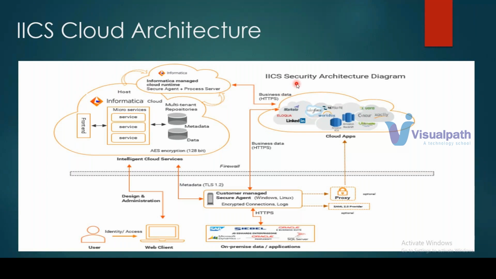You can connect to business data from a secure agent. How do you do that? Using a connector. We'll cover that in detail. And you have an identity provider. If you want to integrate single sign-on, you can integrate SAML, the SSO feature that can be enabled on your cloud application.